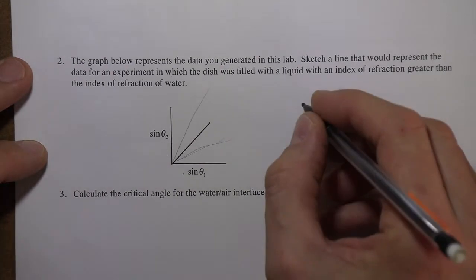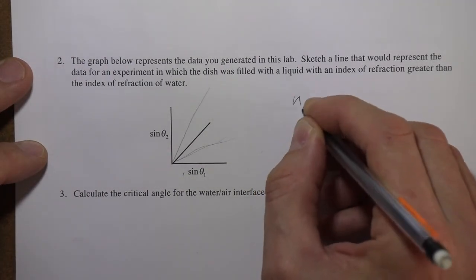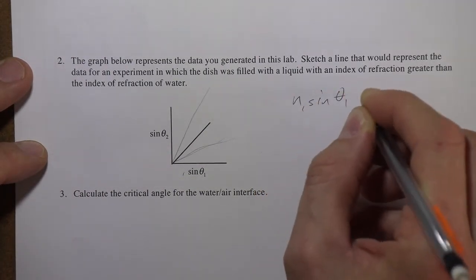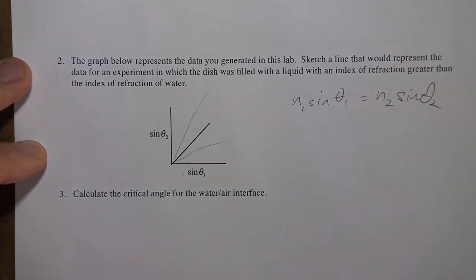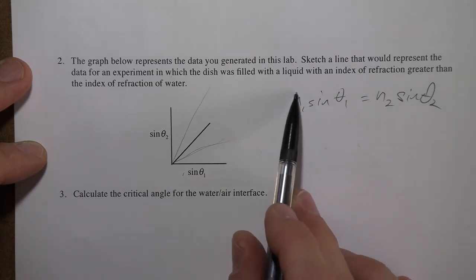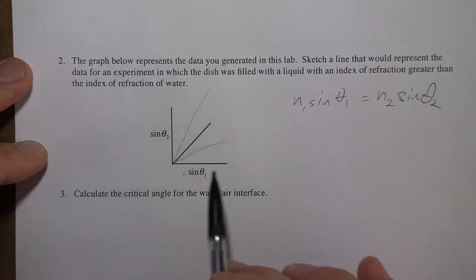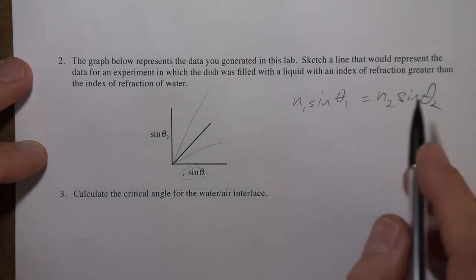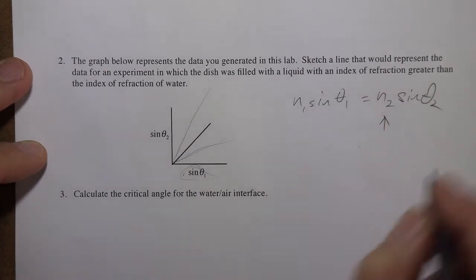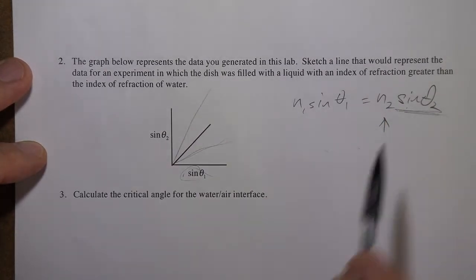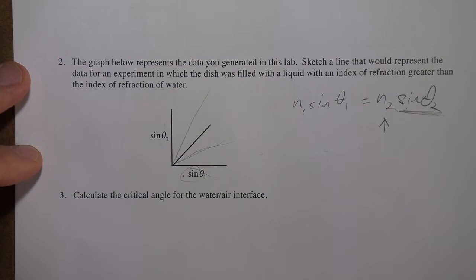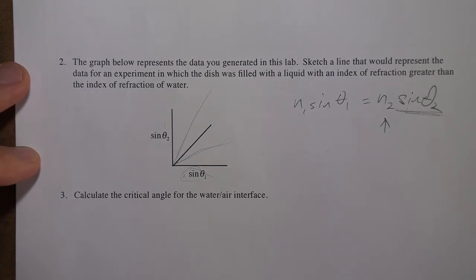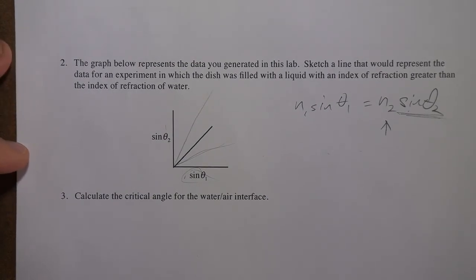And to answer this, think about Snell's law, n1 sine theta 1, and think that this is the air that's down here. And then think of what happens if this index gets bigger. What's going to happen to all the y values on this graph? Are they going to shift up or down? And then draw the appropriate line based on that question. So go ahead and answer that now.